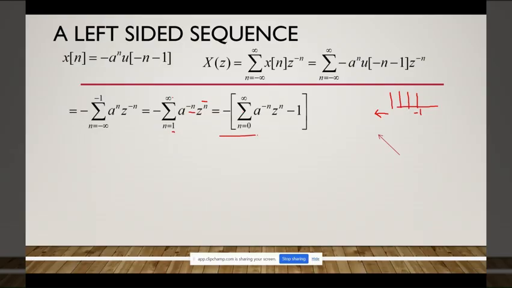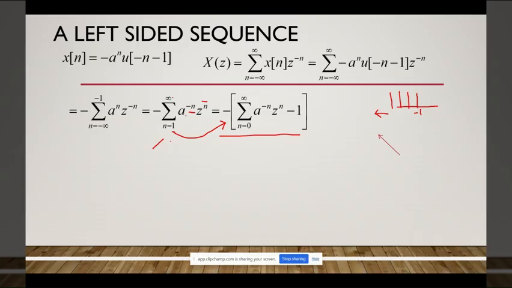So next, why this step? Can anyone predict? This step is to change n equal to 1 to n equal to 0. So we have to do this conversion. If we split this, if we want to add 0 here, we have to subtract the value at 0, right?